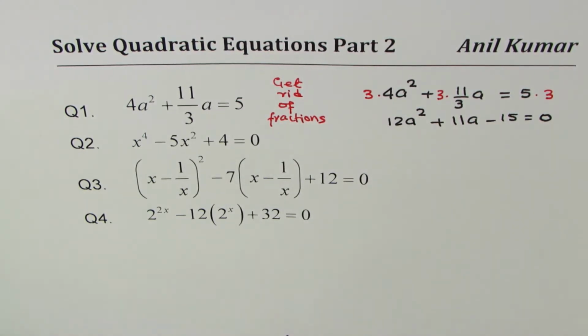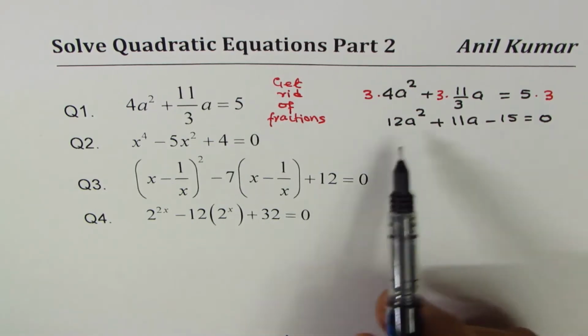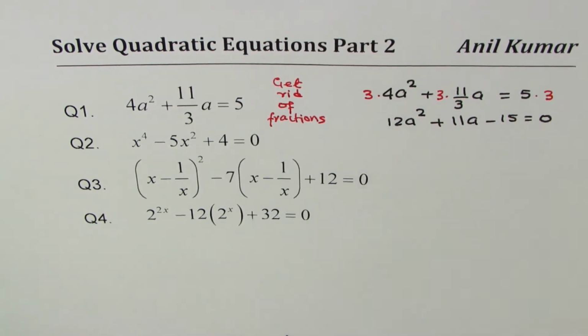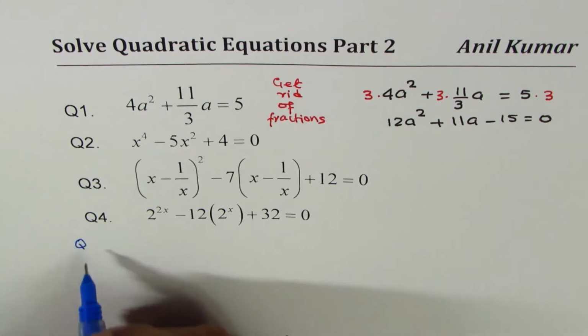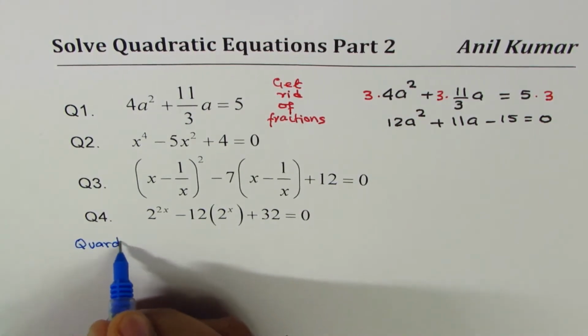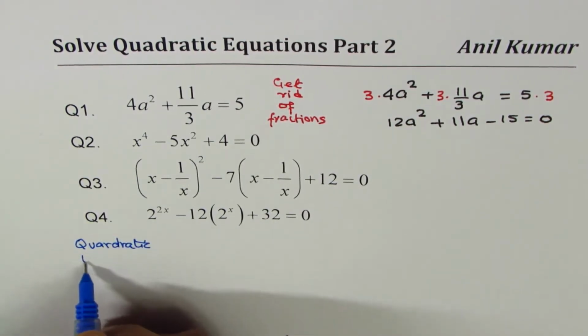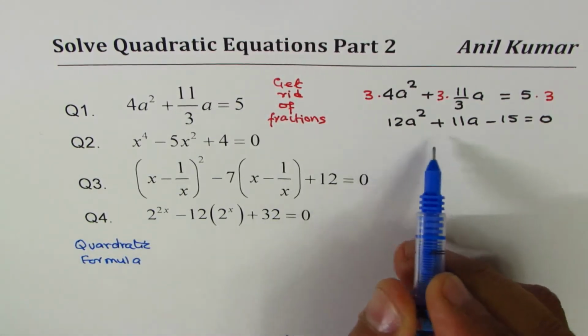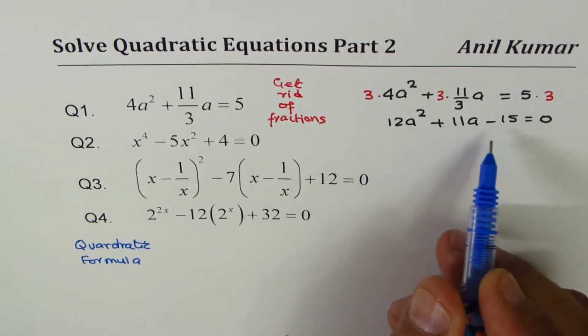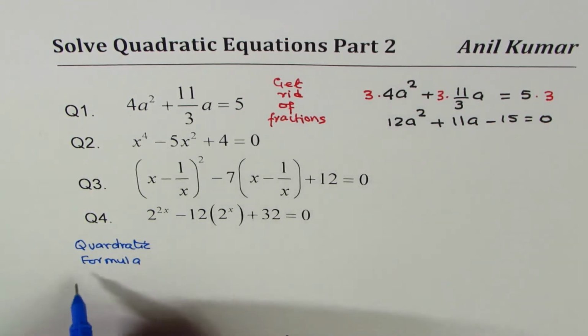So now we have a very familiar quadratic equation, and these kinds of quadratic equations can be solved using quadratic formula, correct? Let me give you the quadratic formula here. In this case, the variable is a, but I'll write in general.